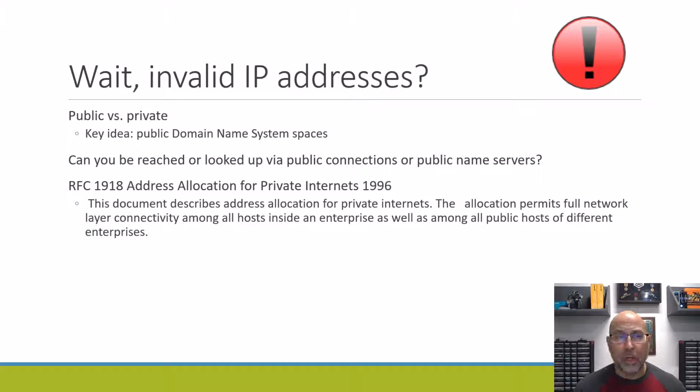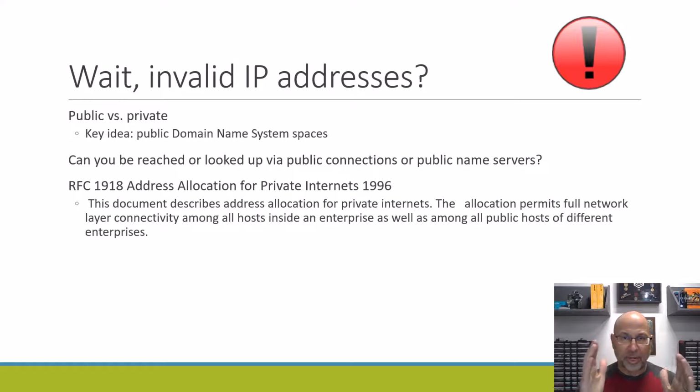So to go along with this whole idea of a translator then, we need something that handles our private addressing. And this is why we have RFC 1918 private addresses, or the address allocation for private internets. And we can see that RFC 1631 is 1994, the private address RFC is 1996, and then the update to 1631 is 2001.